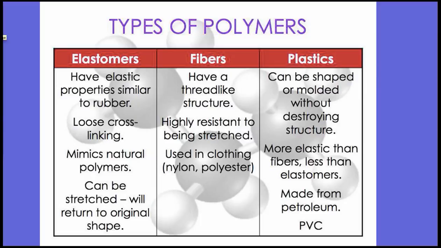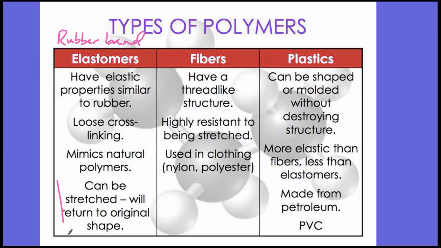3 types of polymers. Again, you'll get into this in biology next year. There are elastomers. If you hear that word, elasto, what's that sound like? Elastic. What is elastic that you know of? A rubber band. So think here of rubber band properties. If I stretch a rubber band and then I let it go, what happens?